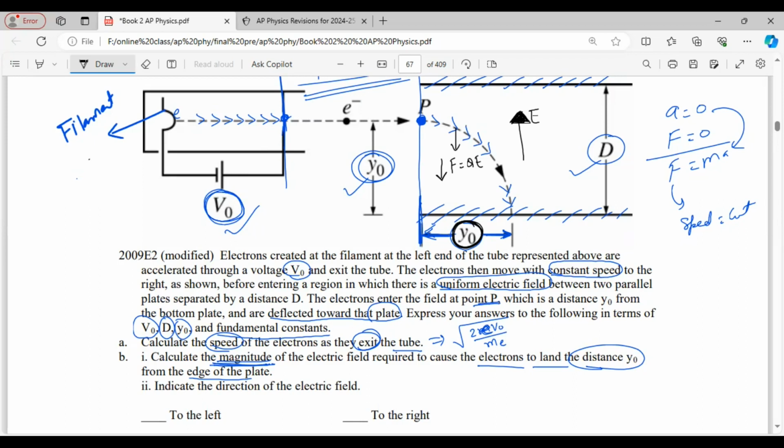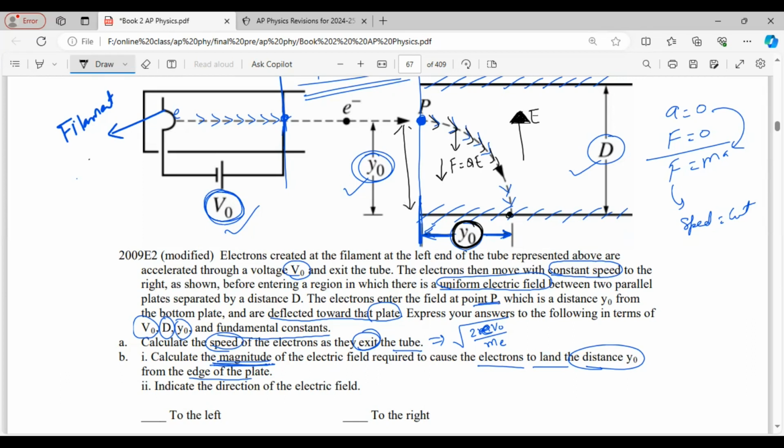See, time. Time is that quantity, as you can see, in the time duration in which this electron will fall down to the point here, it will cover the horizontal distance y naught, and it will cover this vertical distance y naught also.